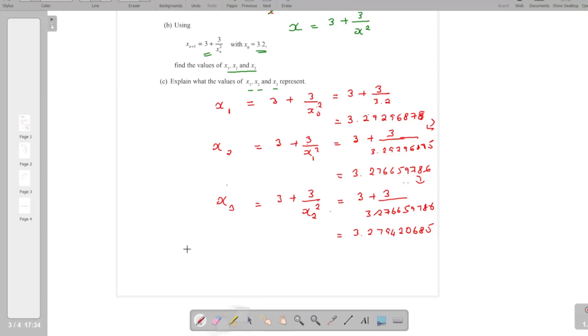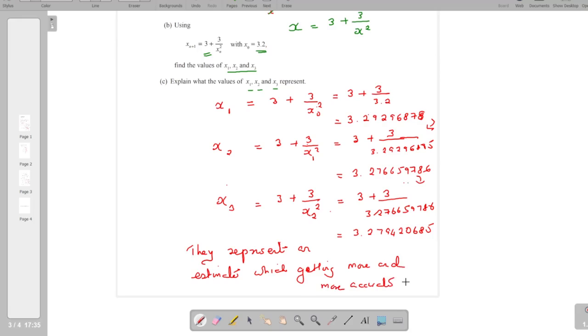So what we have to say is they represent an estimate which is getting more and more accurate of the x value of the solution.